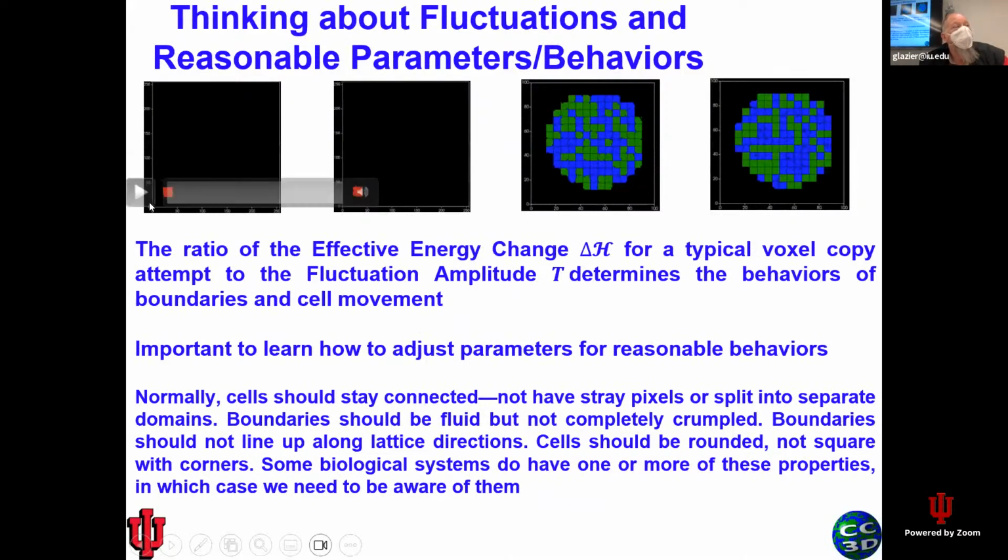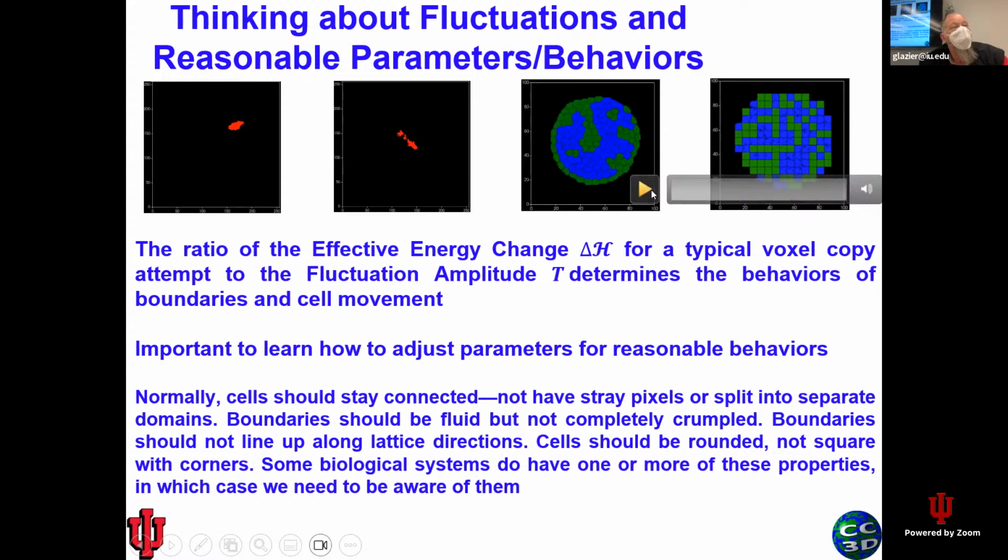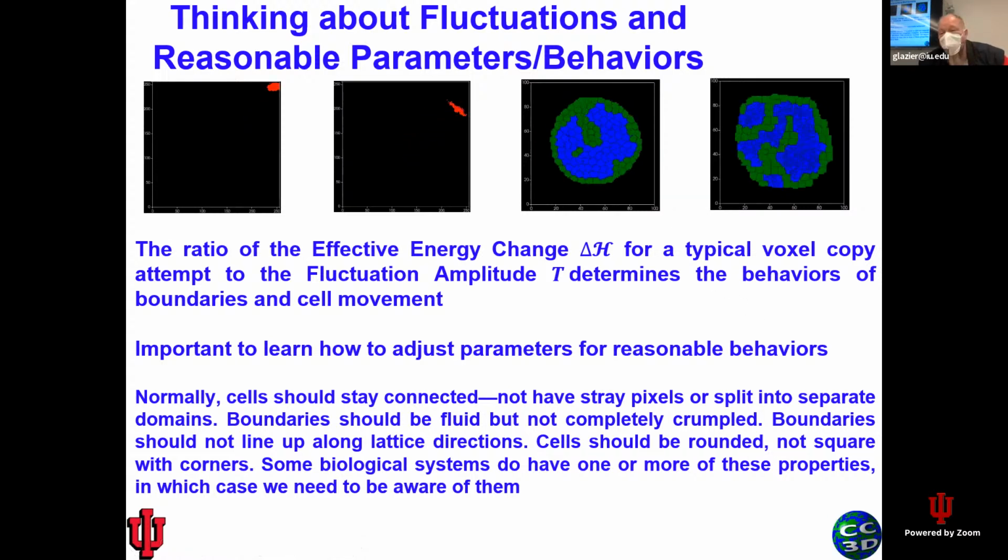Okay. And so the other thing we had to think about was these fluctuation amplitudes relative to all these energies in our system. And we had already looked last week at these simulations that Julio wrote for us, where we have a cell crawling and behaving reasonably well, and another cell that's crawling and turning into dust, falling in pieces.